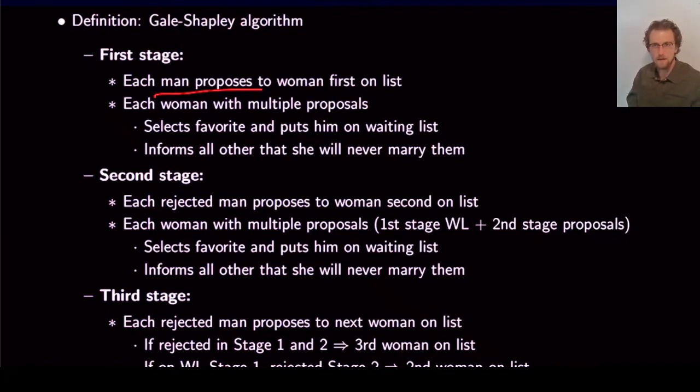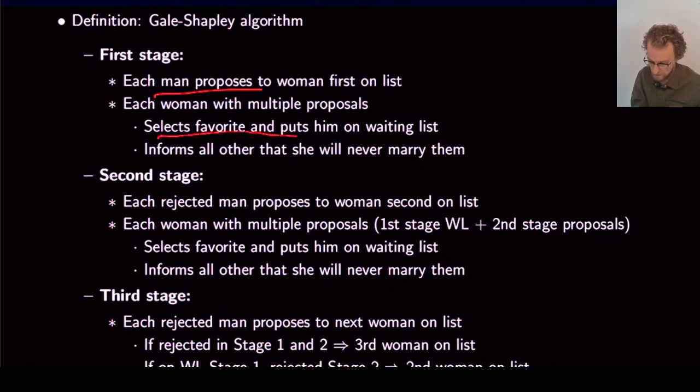Well, if any proposee receives more than one proposal, then what that proposee does is select their favorite from that menu of proposals that they received. They say, I'm tentatively going to stick with you. We'll call that the waiting list.